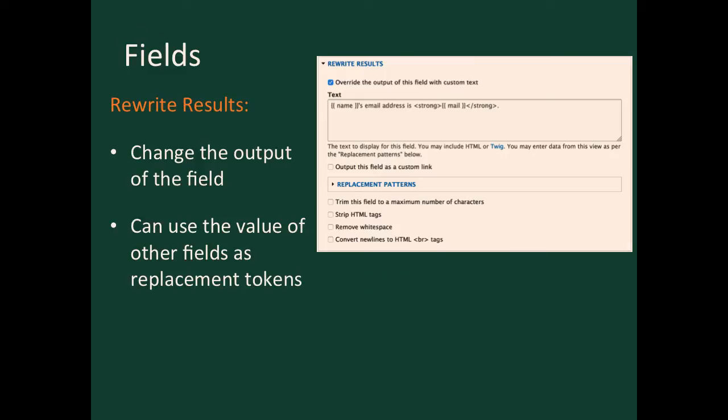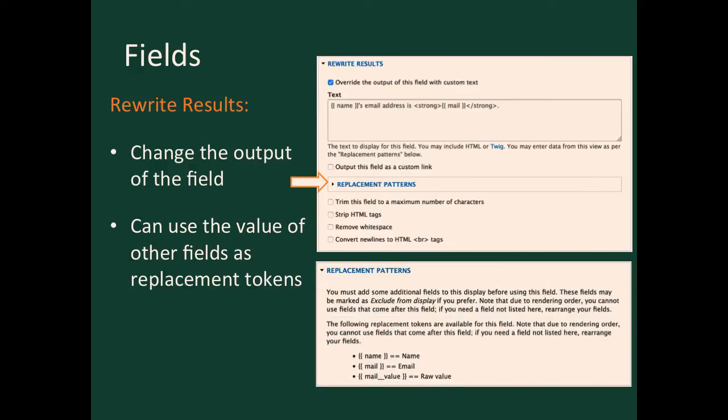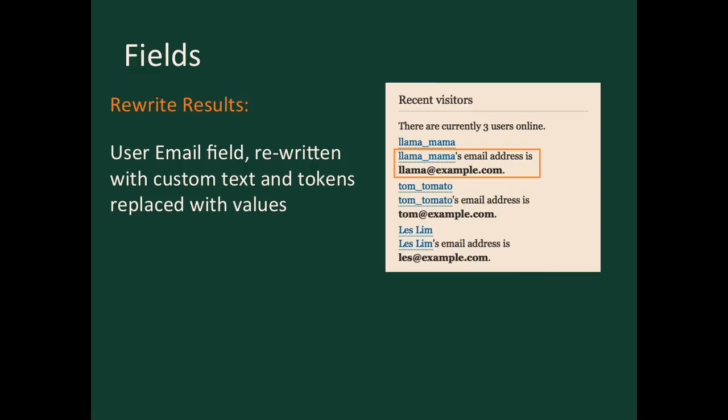And those things in brackets, the name and mail, those are tokens which are replaced by the values of other fields that are in this view. So if you were to open up the replacement patterns, it would give you a listing of all of the tokens that are available in this view right now. So you can drop in that name token or that mail token, and then when you view the final product, you don't see those tokens, you see the values instead that get replaced in.